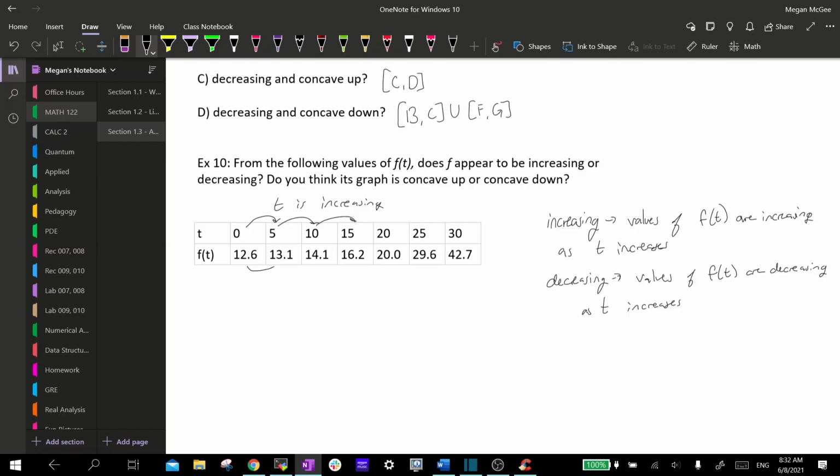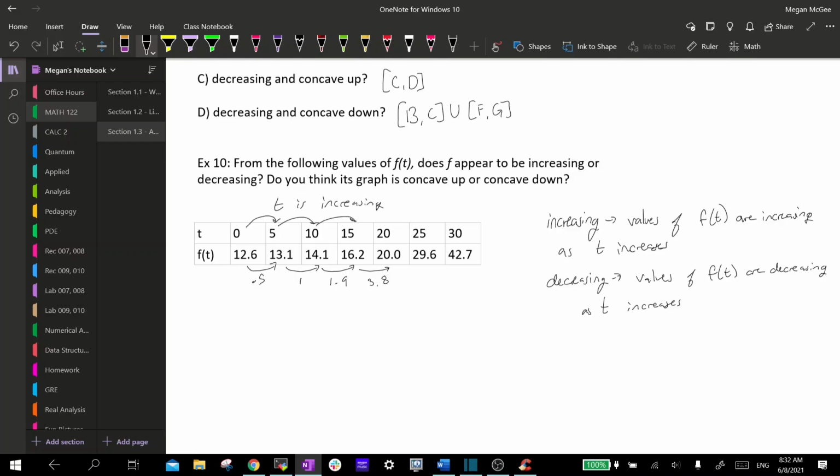So we go from 2.6 to 3.1. That's an increase of 0.5. Then we go from 3.1 to 4.1. That's an increase of 1. We go from 4.1 to 6. That's an increase of 1.9. I'll go ahead and plug in.